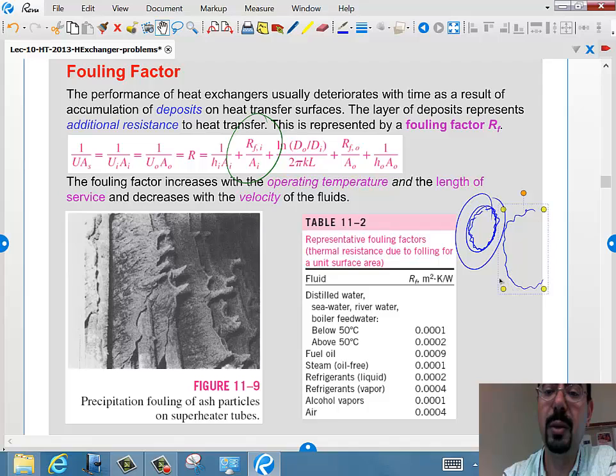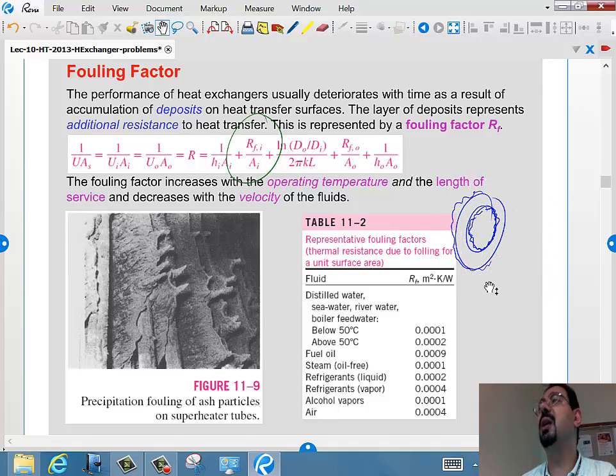So you have ash on the outside and you have fouling on the inside. That basically adds 2 extra resistances, right? It's basically as if the wall has another wall on the inside and another wall on the outside. So you have 3 conduction resistances. And because they are in series, it's R plus R plus R.